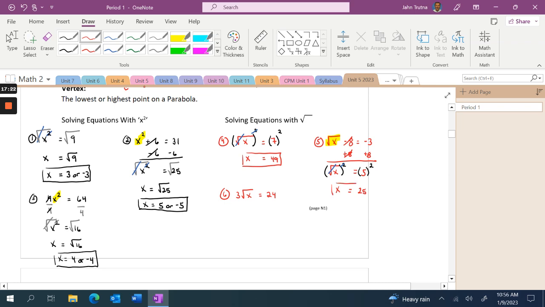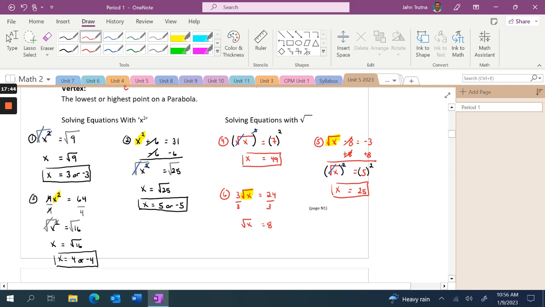Last example, if you have a coefficient like the 3 in front of the square root of x portion of the equation, you would have to divide by 3 to get the square root of x isolated, okay? That would give me, at this point, the new equation, which would be the square root of x is equal to 8.